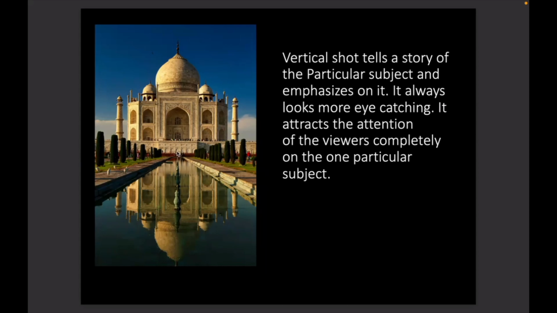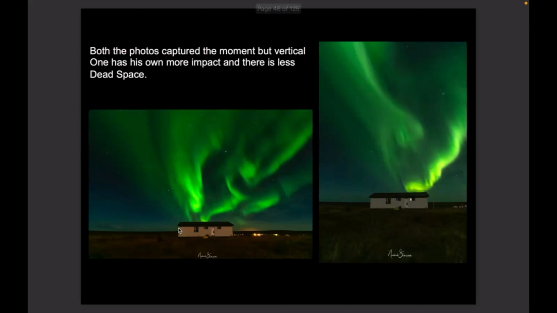I don't care what is left, what is right. I don't care about the whole structure of the Taj Mahal. I wanted to just show the reflection and the Taj Mahal itself. So it means I want to emphasize one particular subject. That's why I went for a vertical shot. Again, in both pictures, I would say the vertical one has more value than the horizontal one.